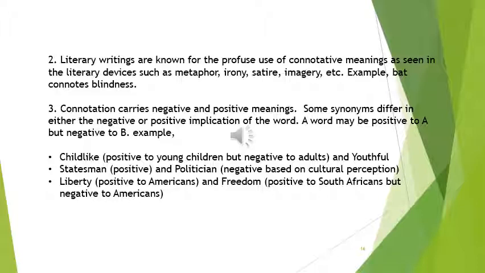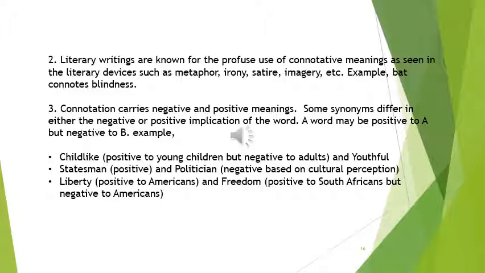The third one is connotation carries negative and positive meaning. Some synonyms differ in either the negative or positive implication of a word. For example, when we look at the word interested, interested has a positive connotation, and it also has a negative connotation, that is nosy.